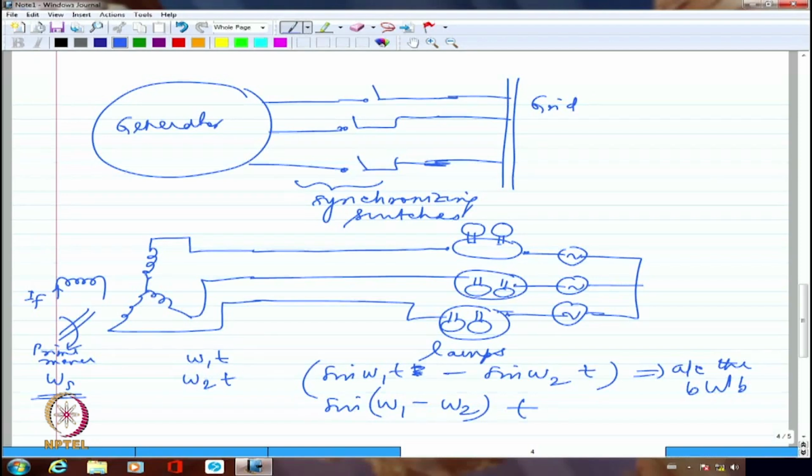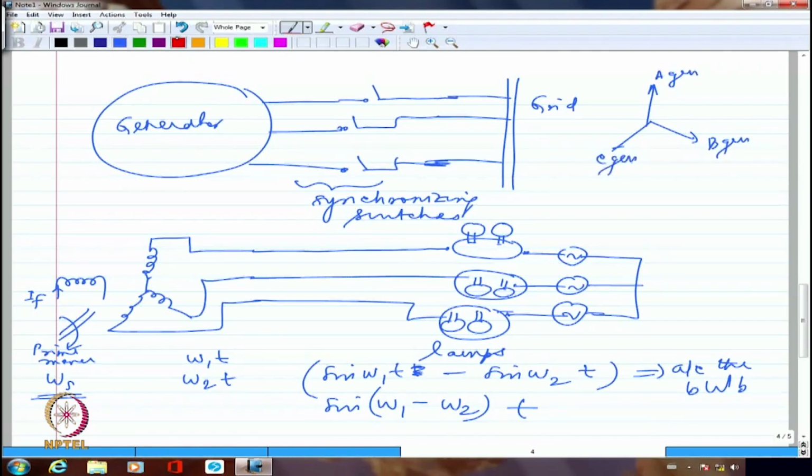If I am going to have A like this, B like this and C like this, right? This is the A of the generator, this is the B of the generator, this is the C of the generator, right?